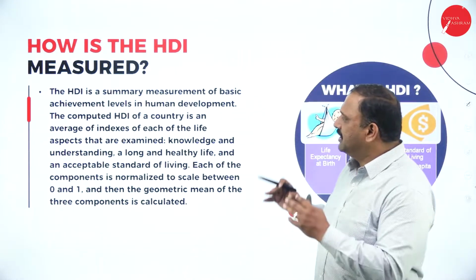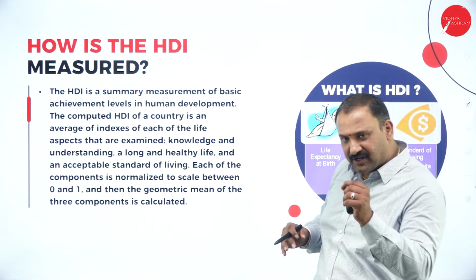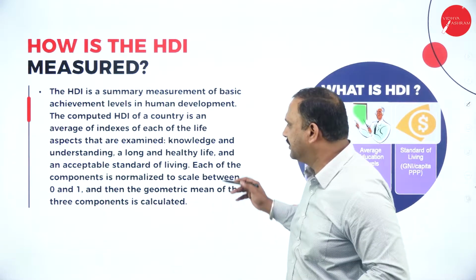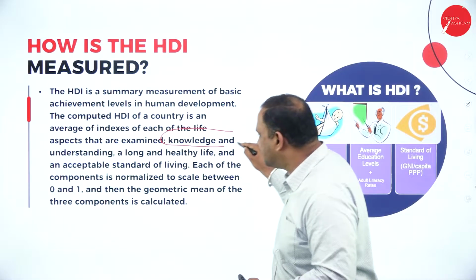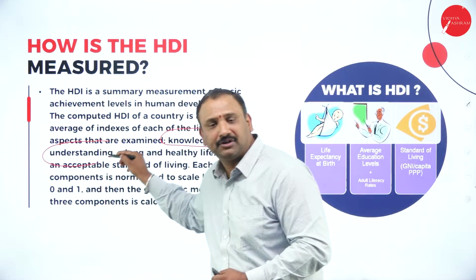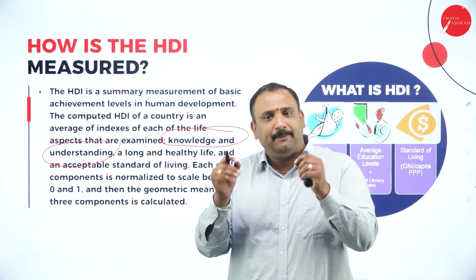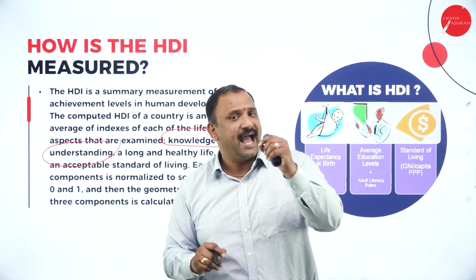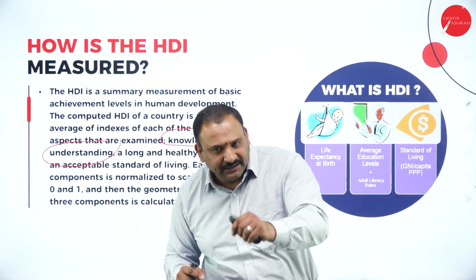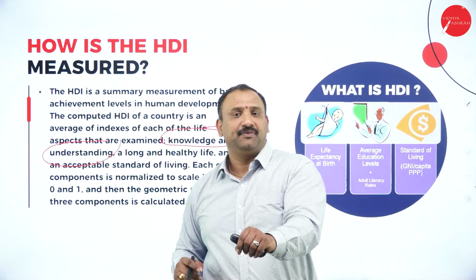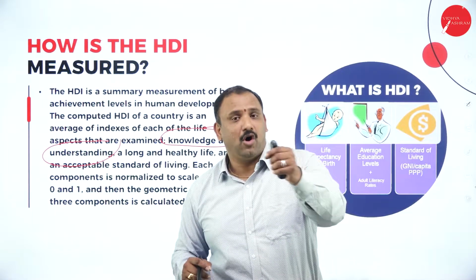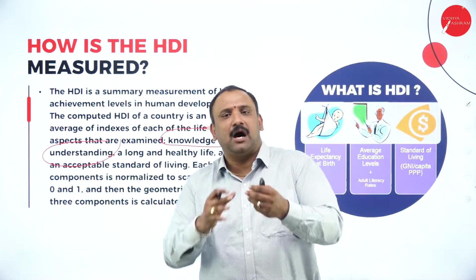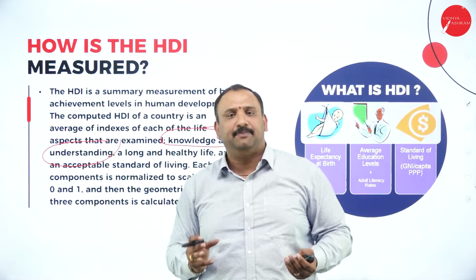Now, moving further, how is it exactly measured? The first thing that we are going to measure here is knowledge and understanding. Now, this is very important. How many people in your country have the knowledge and understanding about the system, about the country, about the economic sectors, and how the lifestyle is going on?